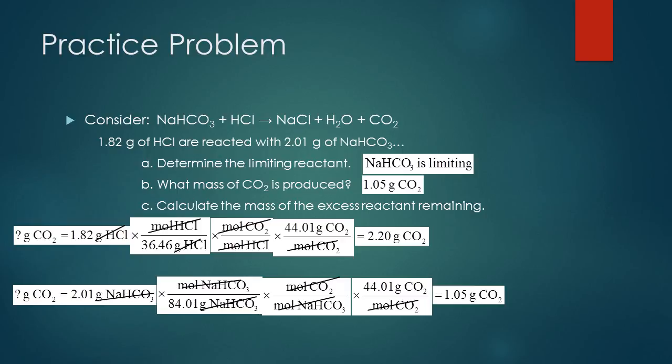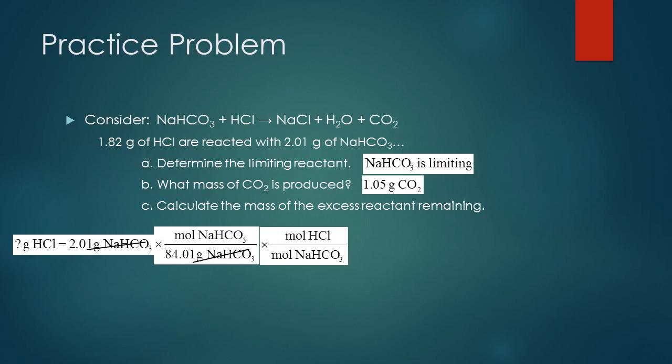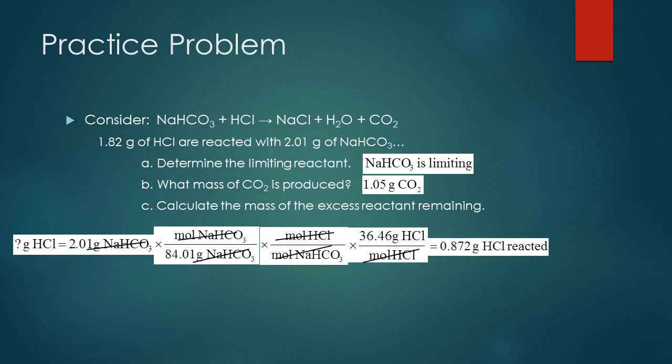Question C, calculate the mass of the excess reactant remaining. Since I know that the sodium bicarbonate is limiting, I want to start with that, and I want to figure out how much hydrochloric acid reacted along with it. So I want to use the molar mass of sodium bicarbonate. This converts from grams to moles. Then I'm going to use my mole-to-mole ratio from the equation, and the molar mass, as we're familiar with by now, and this tells us that 0.872 grams of HCl reacted.